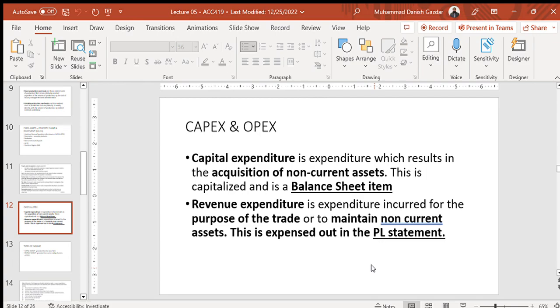The importance of bifurcating capital and revenue expenditures is what we call materiality, and there are certain rules and principles on which you have to recognize expenditure as capital or revenue. If you do not follow those rules, your financial statements would not be presenting a true and fair view to the users of financial statements.